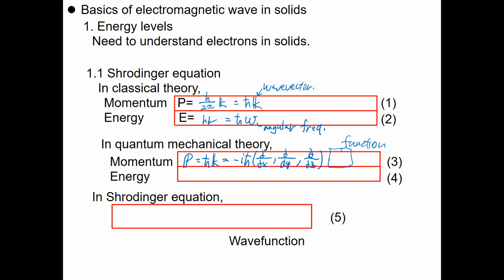And in the case of energy, which is mostly called the Hamiltonian, the Hamiltonian is equal to minus h bar squared over 2m times the Laplacian, plus U. This is a potential energy, so it depends on the material.